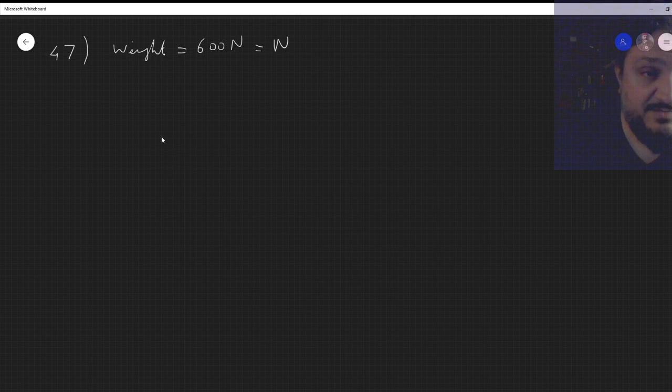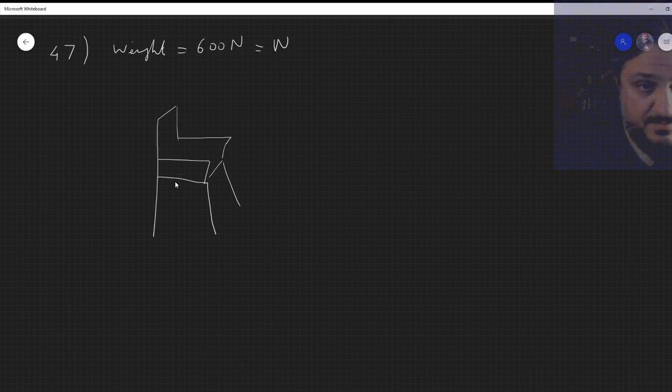Okay, well, let's give it a try. So here's the chair with some arms. And this is the legs, okay? So that's the chair. This is not too bad. The chair is on the floor.